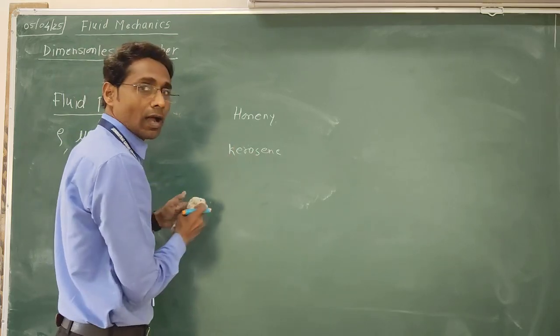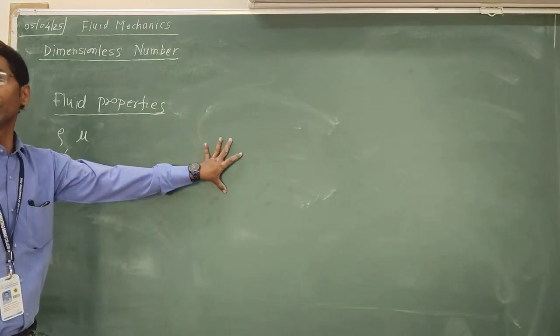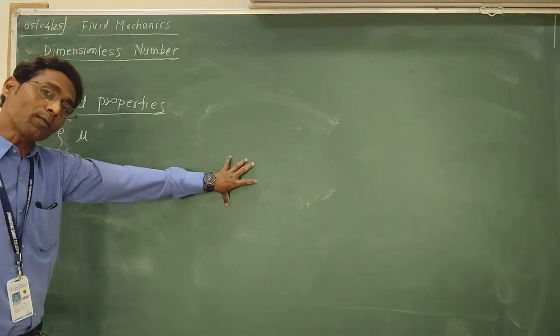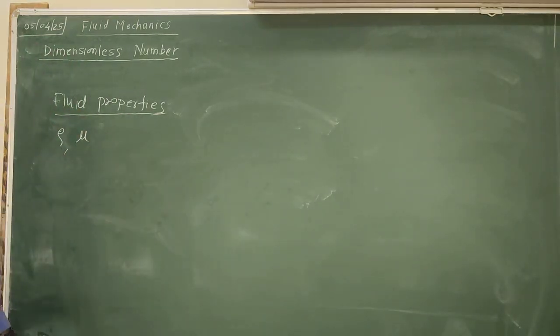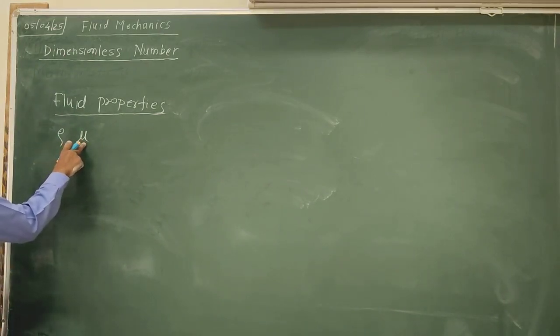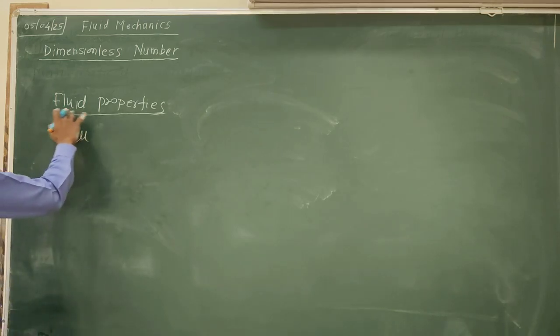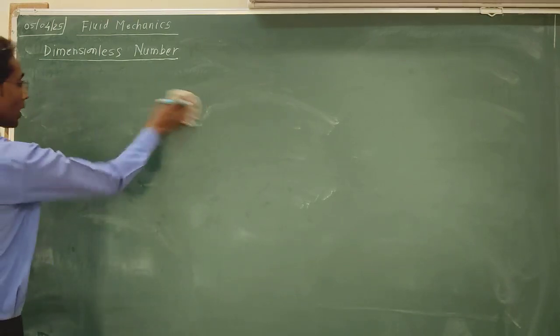Kerosene and petrol have low viscosity. The higher viscosity fluid will be honey, and the low viscosity fluid will be petrol. So there are such properties: density, viscosity, surface tension. That group is the fluid properties group. Third.